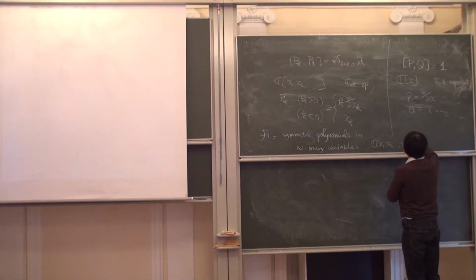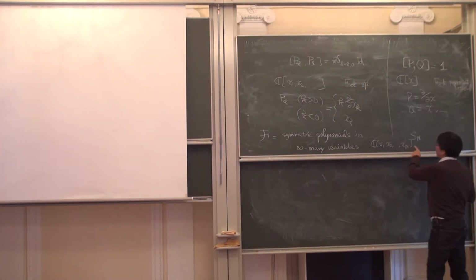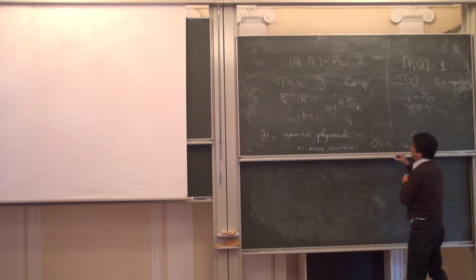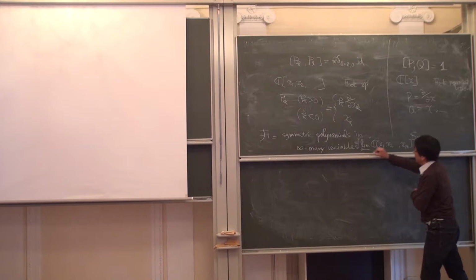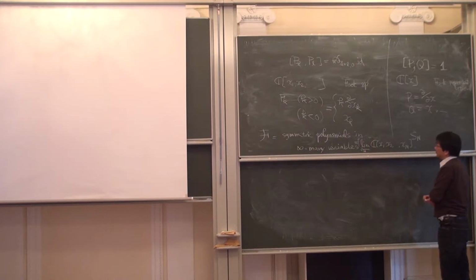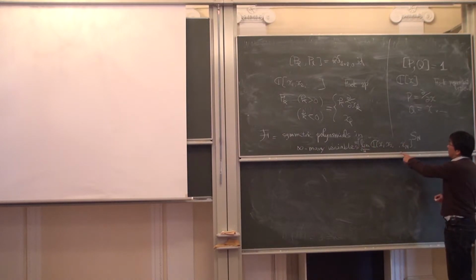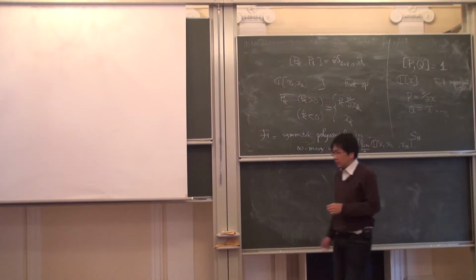You consider the symmetric polynomial ring in n variables, and this is just some limit. You must take the limit in an appropriate sense, so you increase the number n to infinity. That can be done. For example, you can find it in Macdonald's book.